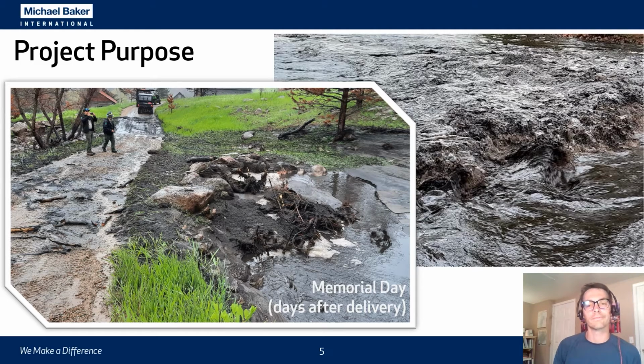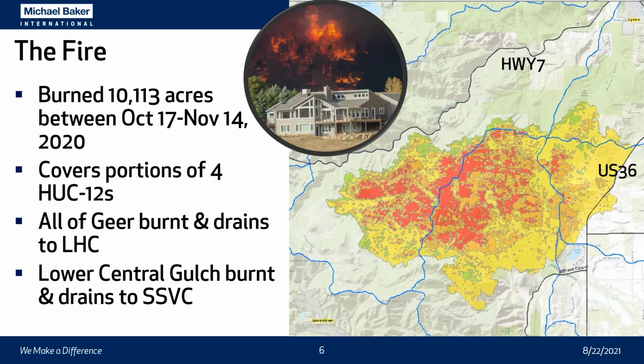As for the fire itself, it was in October to November of 2020. It burned over 10,000 acres and many structures as well. It covers portions of 4 HUCs. You've got 1, 2, 3, 4 here. It essentially burned all of Gear, at least the upper portion of the watershed.